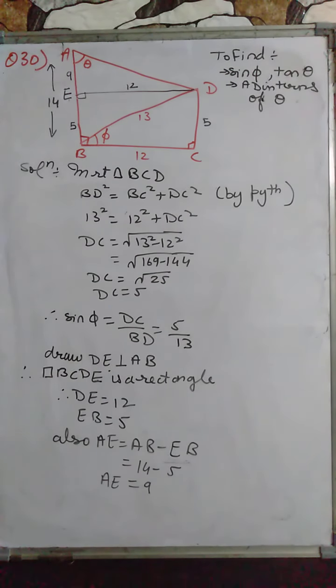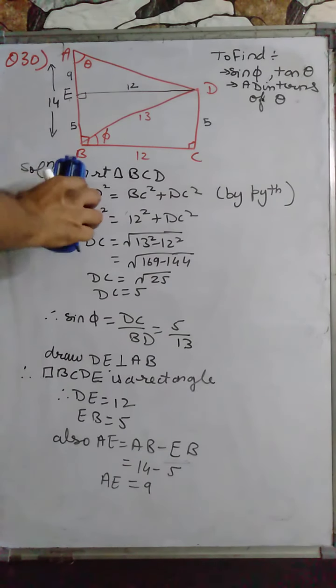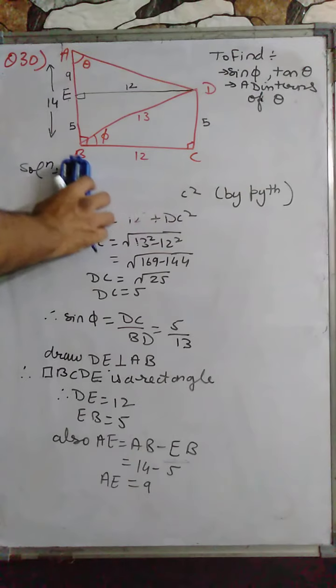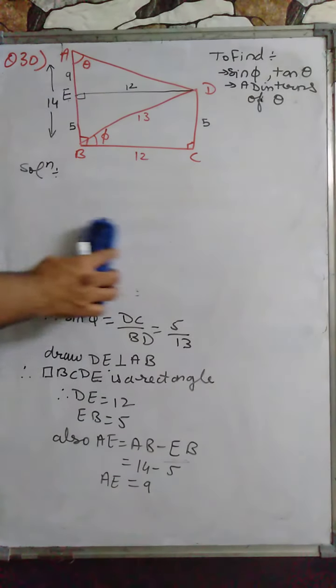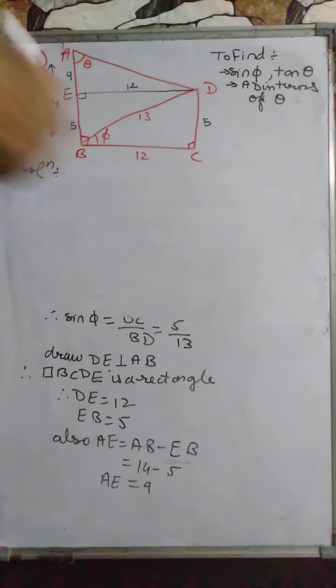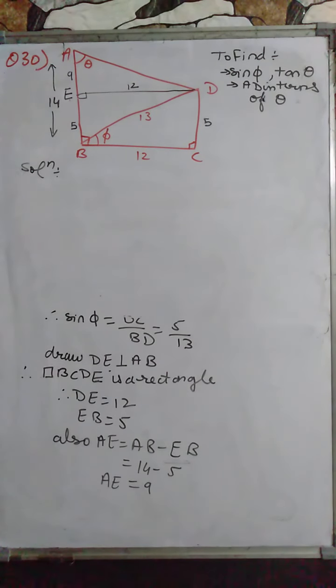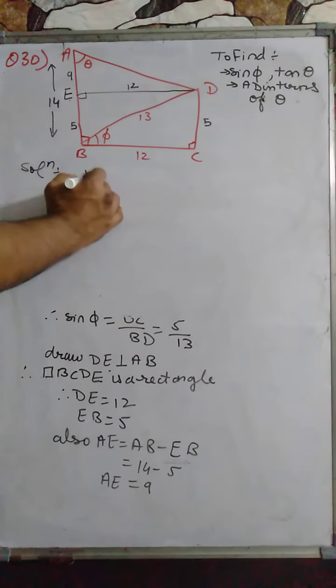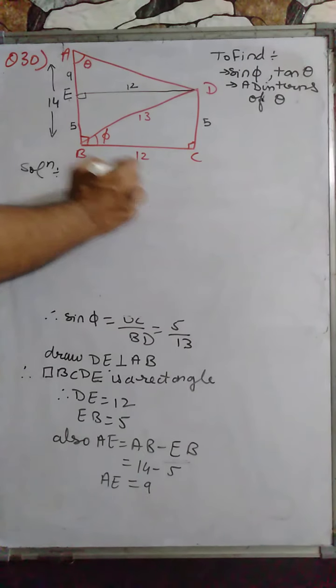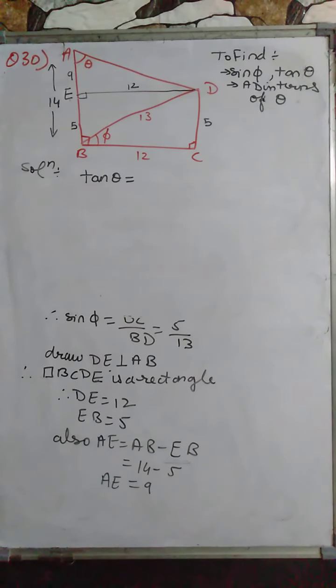Now that we have written all these values and found them out, we will find the value of tan theta. Let us rub the first part. Hope that you have copied this. So tan theta would be height upon base.